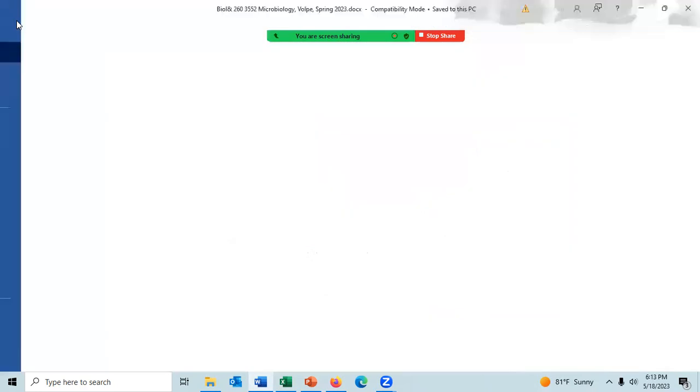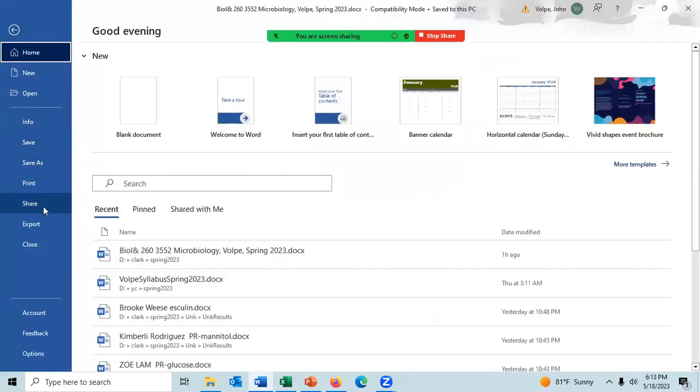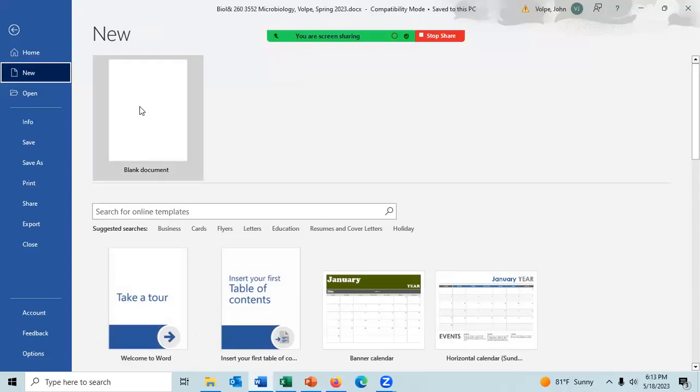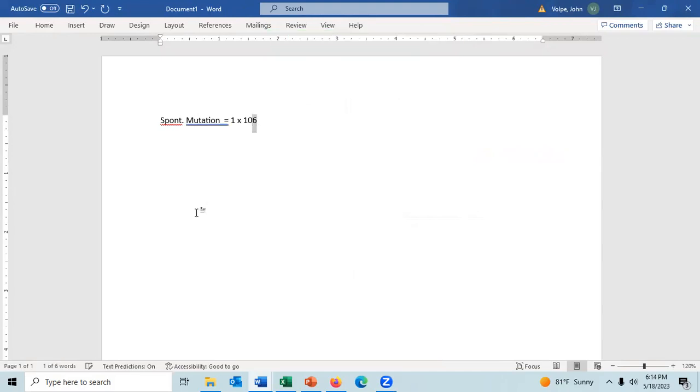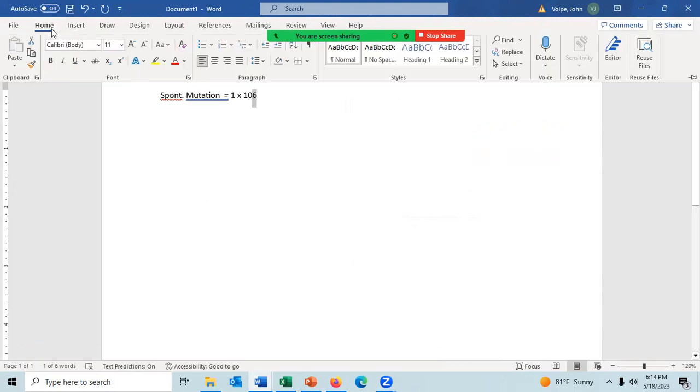How important are those, I guess to a cell or in evolution and mutation of a cell? Spontaneous mutation, I'm just going to abbreviate that. Happens one time in 10 to the 6.